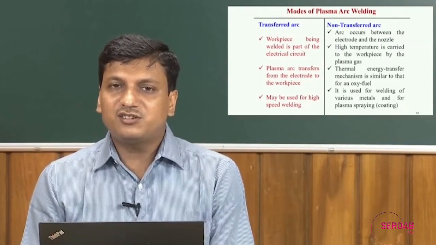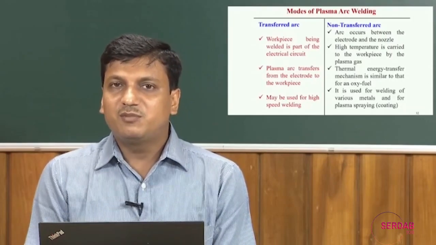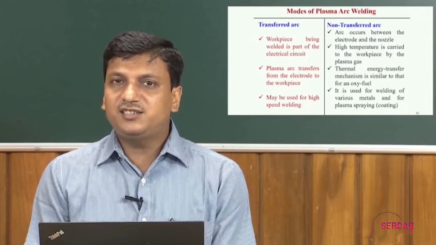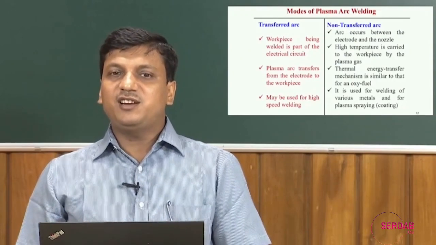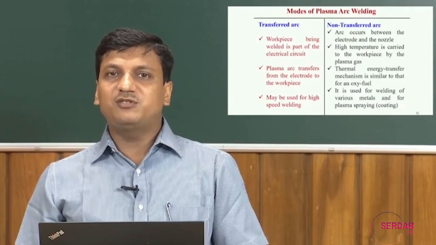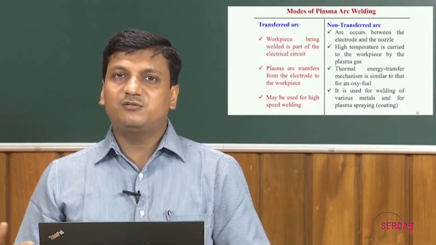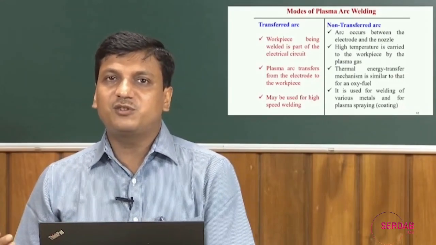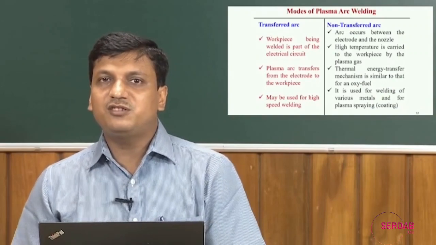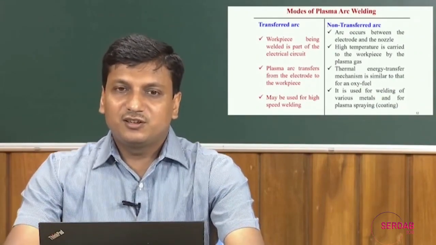In this non-transferred arc, high temperature is carried to the workpiece by the plasma gas, and the thermal energy transfer mechanism is almost similar to how heat is generated in the oxy-fuel welding process.